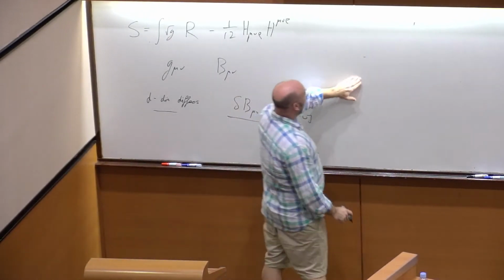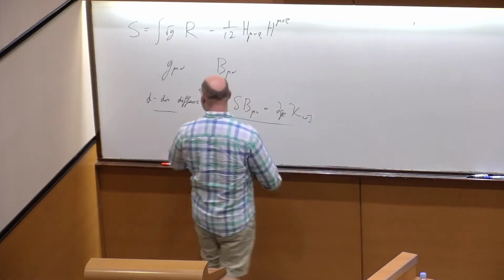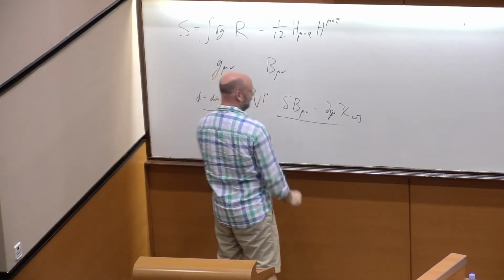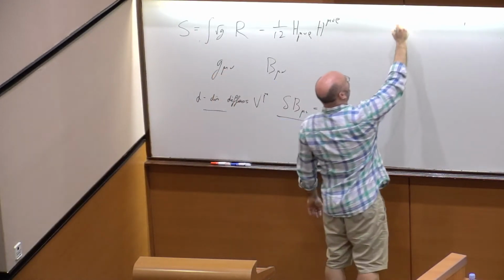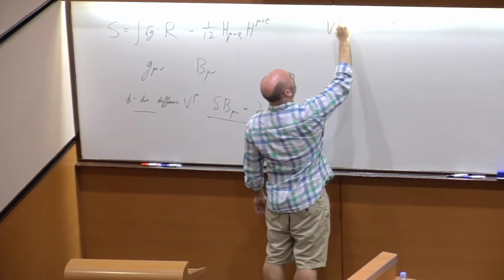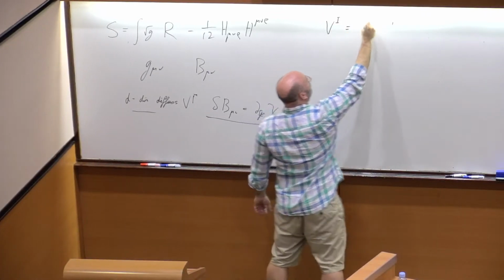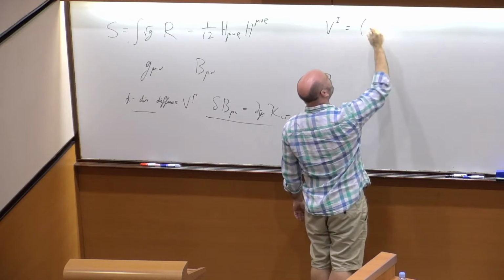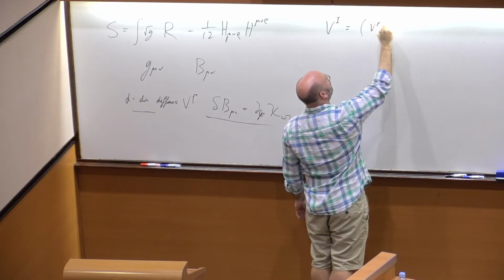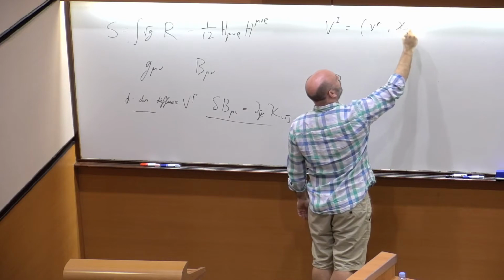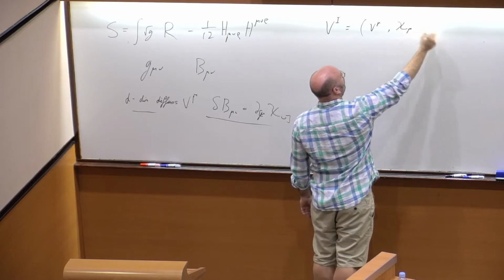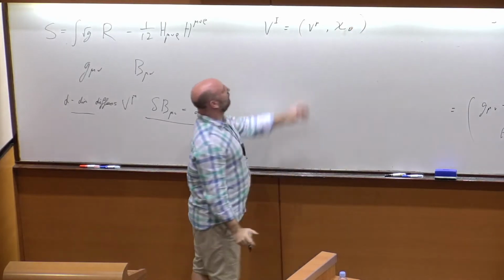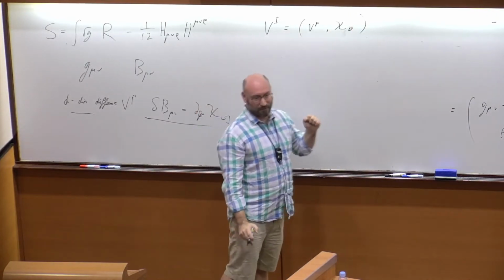So if I want both of these things generated, I've got here V, and I've got here nu, then I will want to have some extended space with a vector field, let me call it something else, nu, that will have twice the dimension.